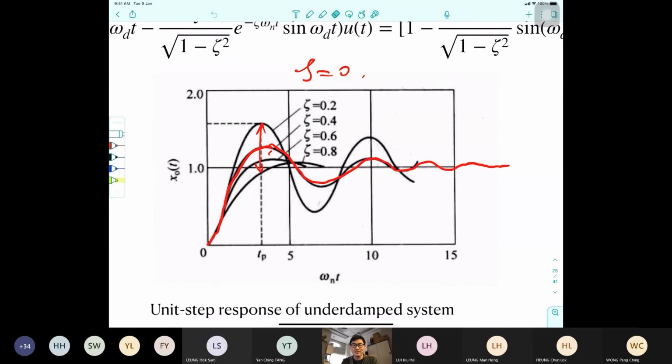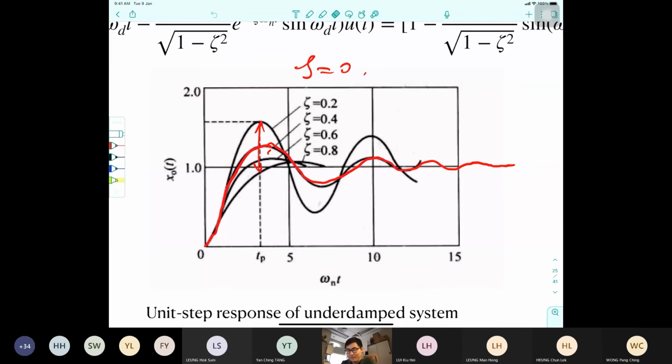What is my question? We want the percentage overshoot to be smaller. Should zeta be larger or smaller? What we know is this figure. This will be on the test, and no one has come to ask me, so I thought you all understood. Okay, larger.